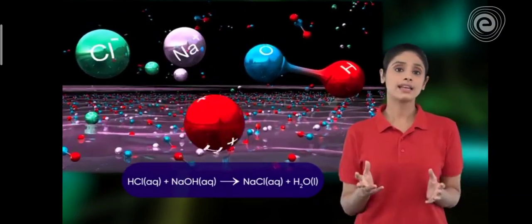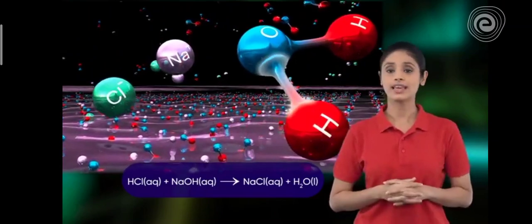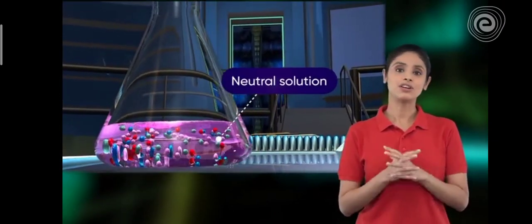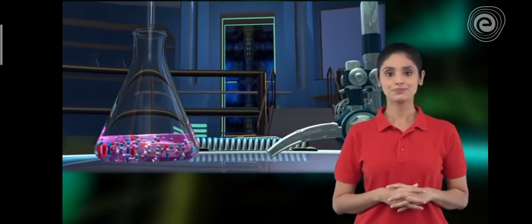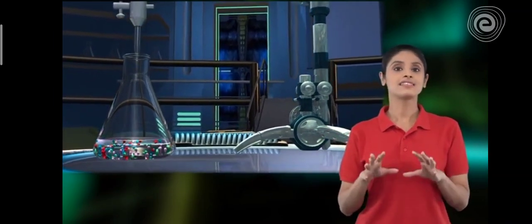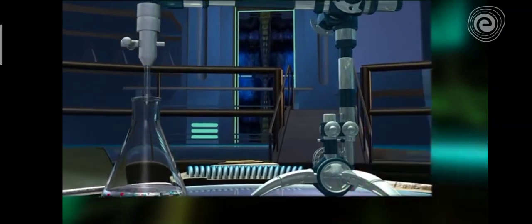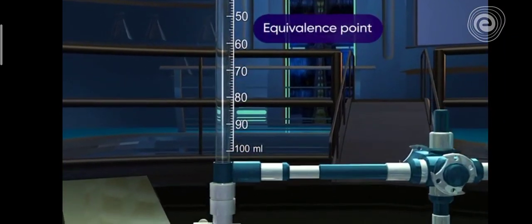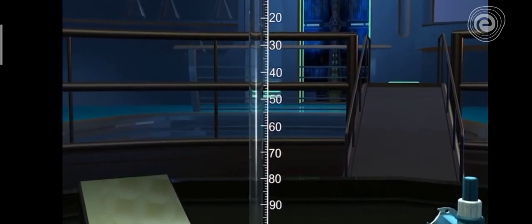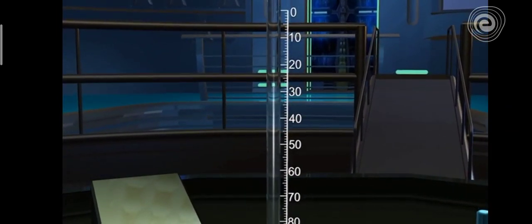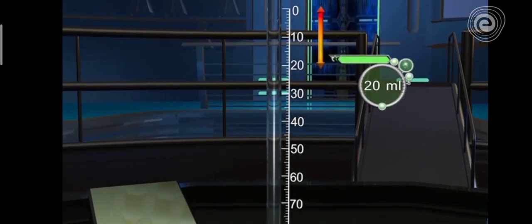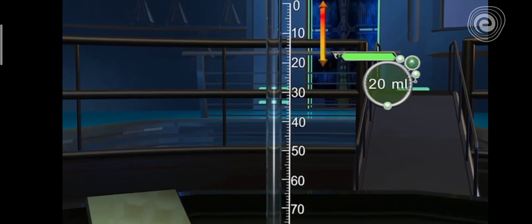When all the NaOH reacts with the HCl, we get a neutral solution in the Erlenmeyer flask, and the solution thus turns colorless. This is called the equivalence point of the reaction. At this stage, the number of equivalents of HCl and NaOH, which have reacted with each other, is equal.